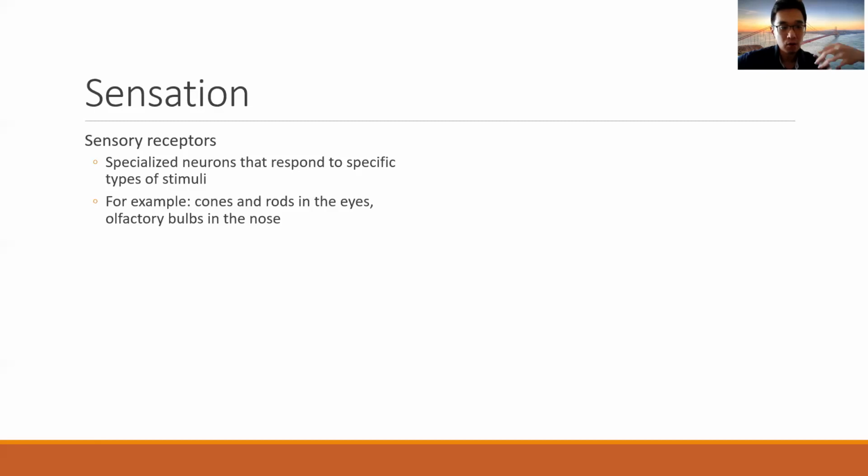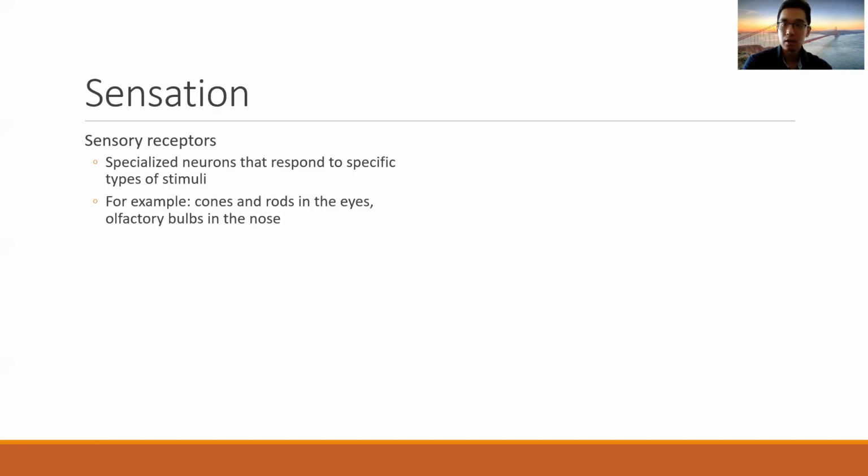Also, our nose is used for smelling. We can smell different things because there is a kind of specialized neuron in the nose called the olfactory bulb. The olfactory bulb is a very specialized neuron that responds to smells.